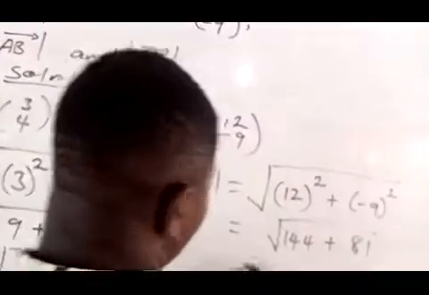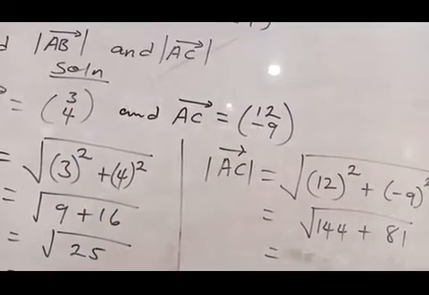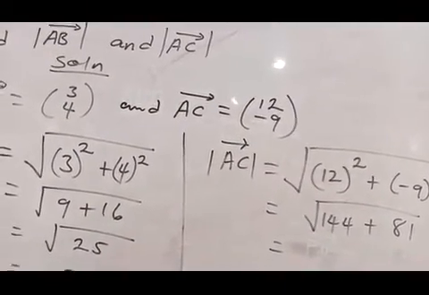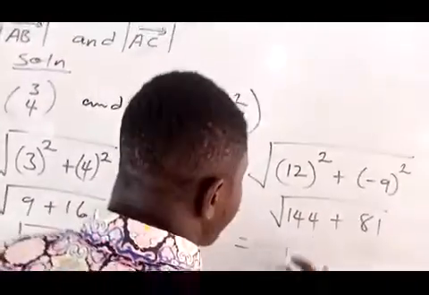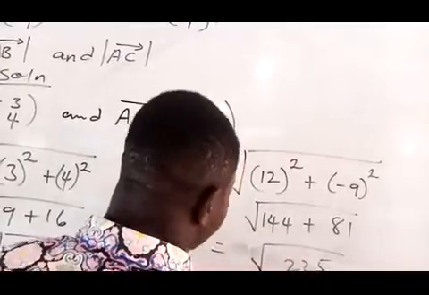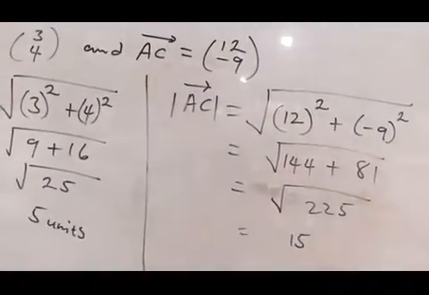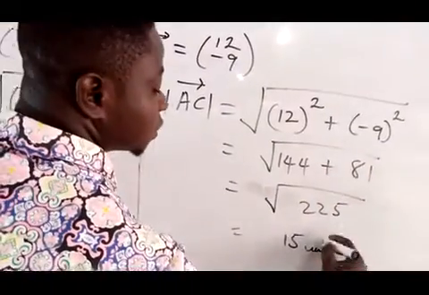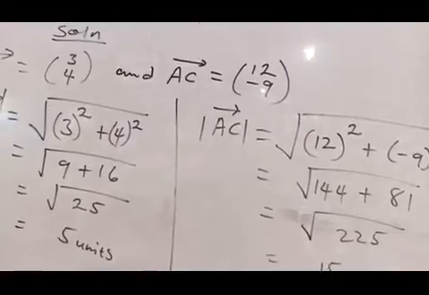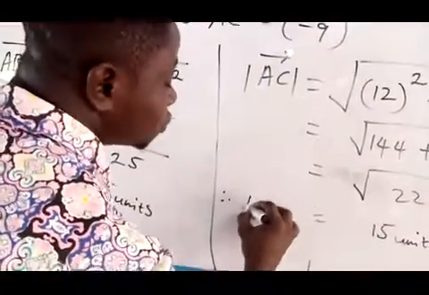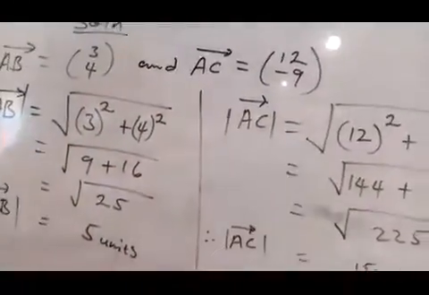Now 144 plus 81 gives us 225, and then square root of 225 is equal to 15 units. Okay, so that is it. That is how to get the modulus or the length or the magnitude of a vector.